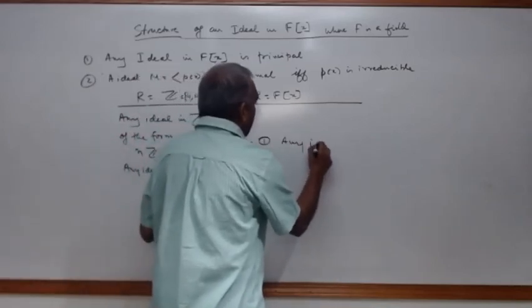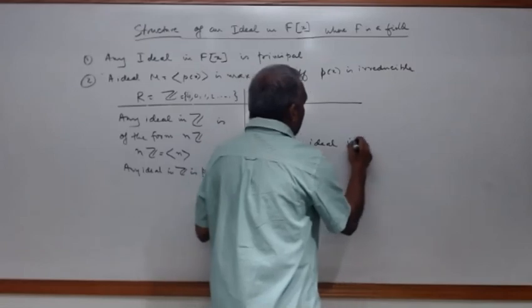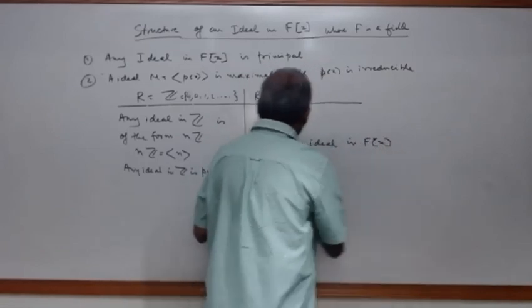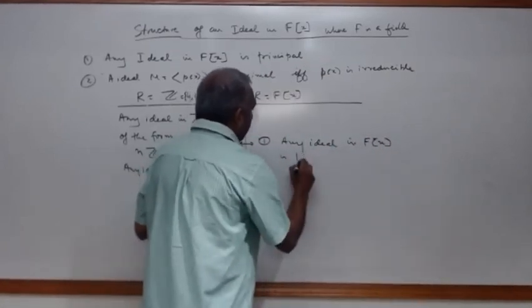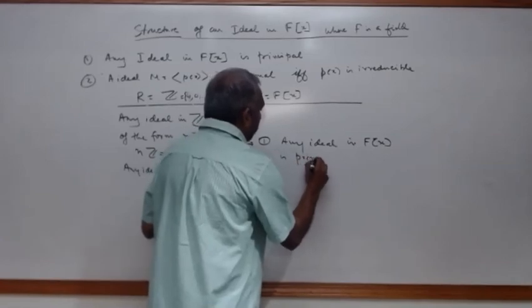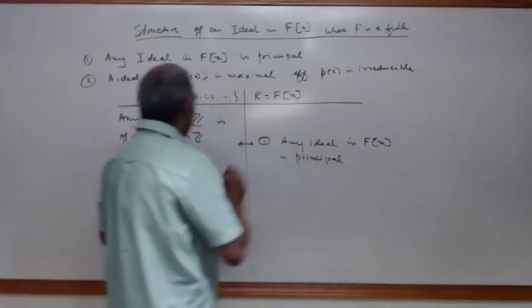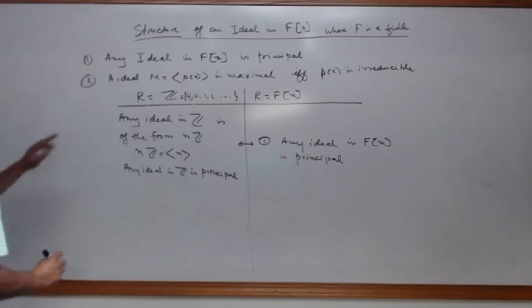See the same result here. Any ideal in F[x] is principal. What is the second result here?